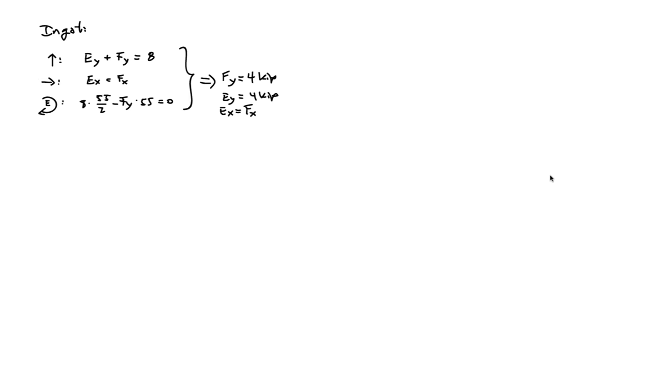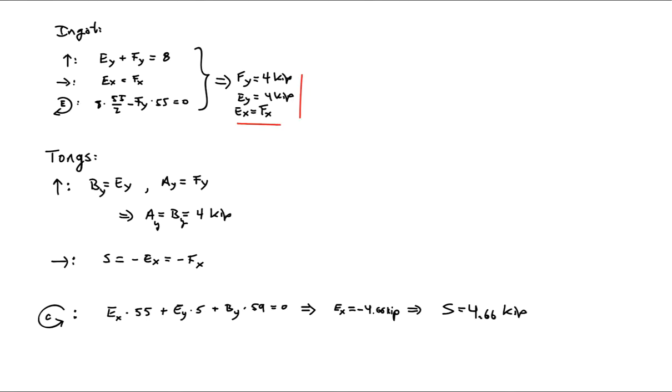So I can use these equations already to find out that the force Y at E and F are 4 kips, and that the force in the X direction at E and F are equal to each other.